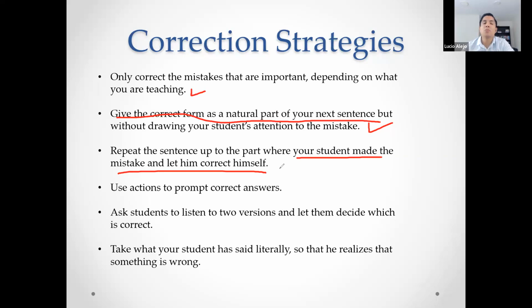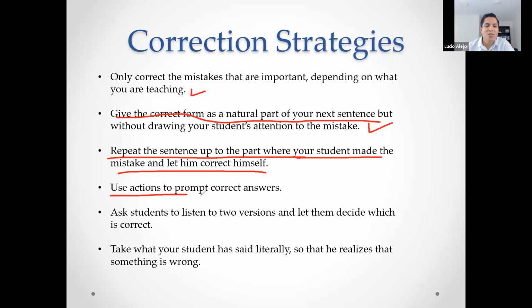And they say, oops, sorry, I went to Piura. Oh, great. Yes, so I'm repeating the sentence up to the part where the student made a mistake. And you need to use exaggeration too, in order to tell him that he made a mistake.